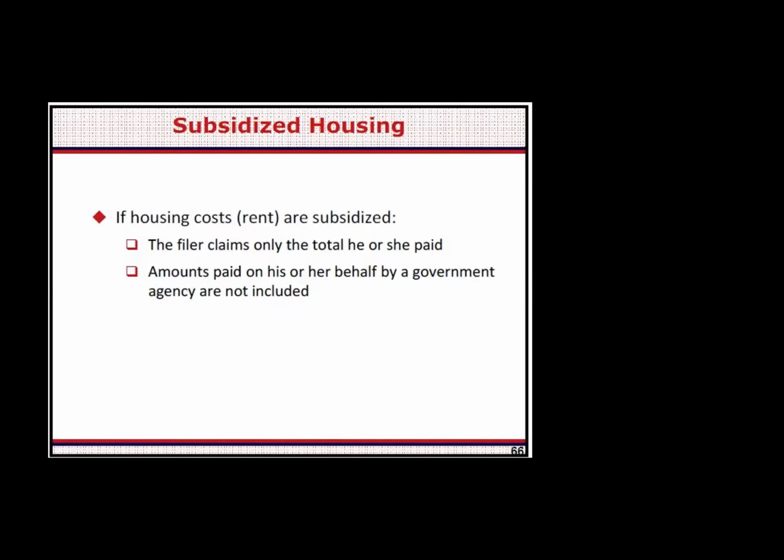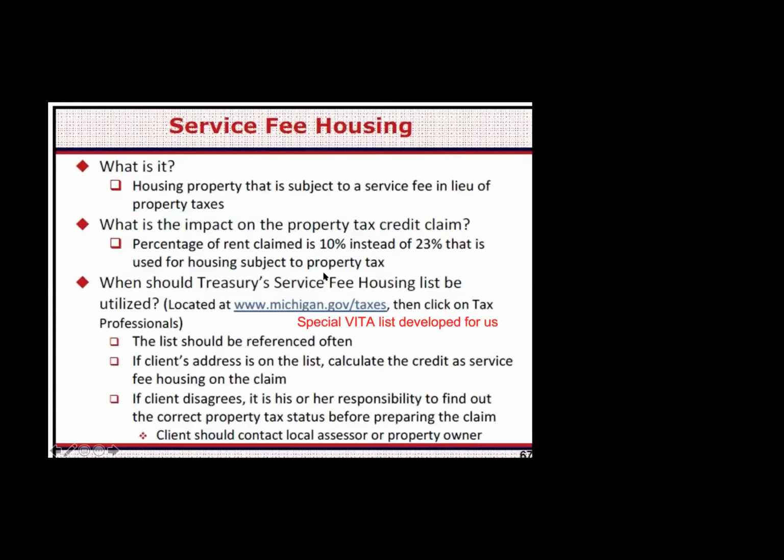But the key is that you must really ask specifically in a hard way, what is it you paid? Not what the rent of the place is before they got subsidized. So the amount paid on their behalf by a government agency is not included.